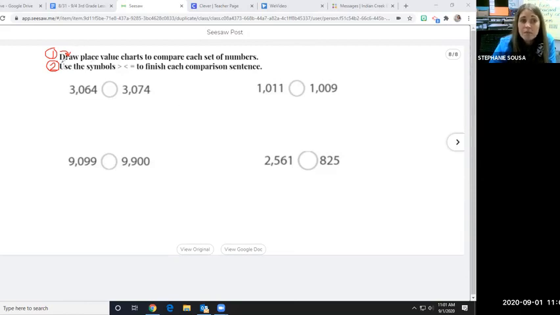So if you skip drawing the place value charts, I will give your work right back to you, because I need to verify that you understand this concept. So I understand that you may not need it, but you do still need to complete it, okay? The second thing is to use the symbols greater than, less than, or equal to. So you will draw 1 symbol in each circle to make that statement true, okay?